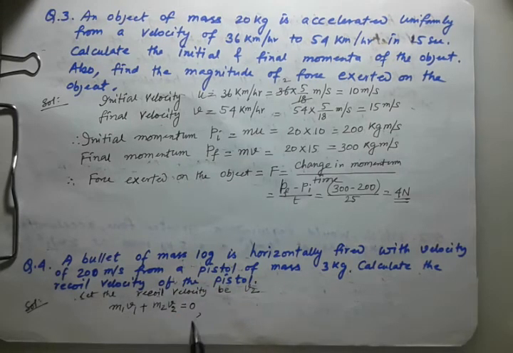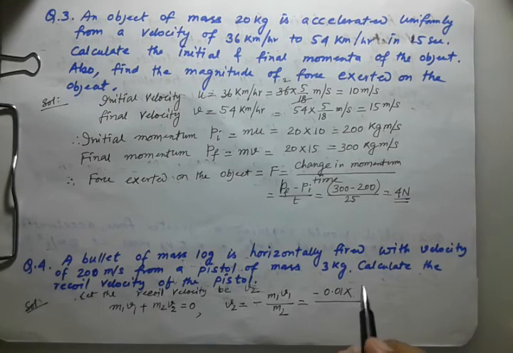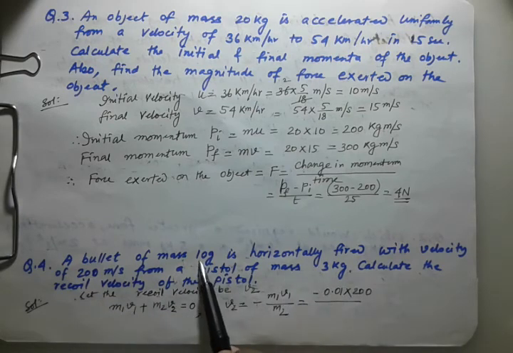So v2 will be how much? v2 will be minus m1 v1 by m2, which is nothing but minus 0.01 into 200, divided by 3 kg.